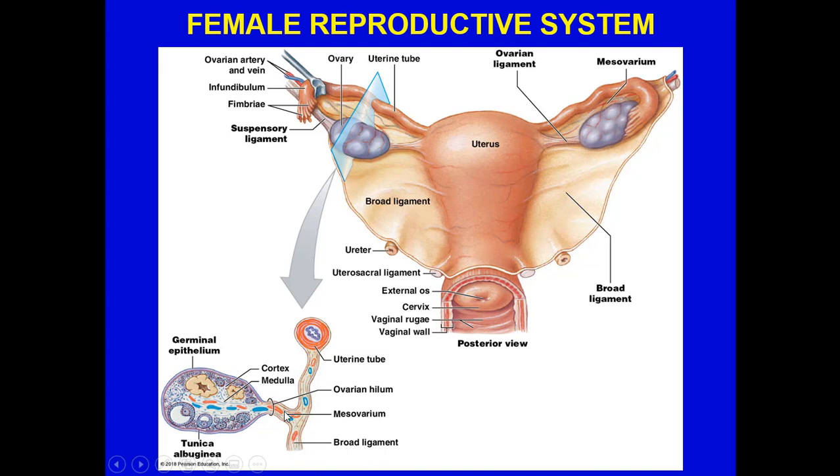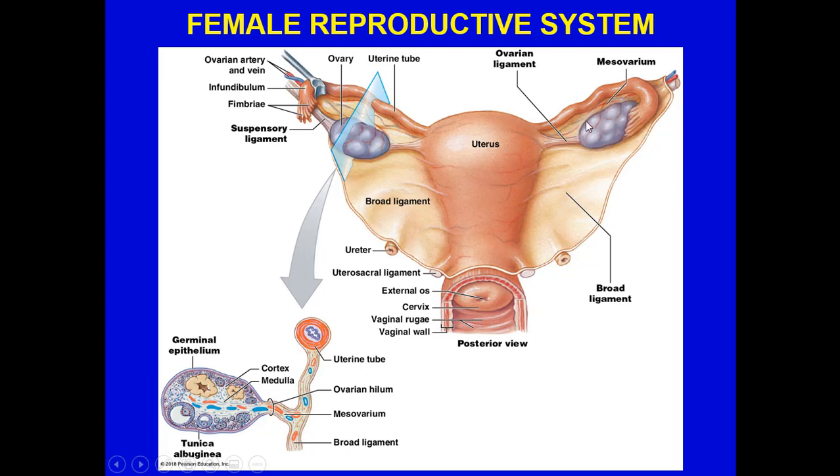Notice that you have also the mesovarium here, where you can see the uterine tube. So you have these structures that prevent these reproductive organs from shifting around. They're not retroperitoneal, and so as the body moves around, they could shift around without the presence of these structures.